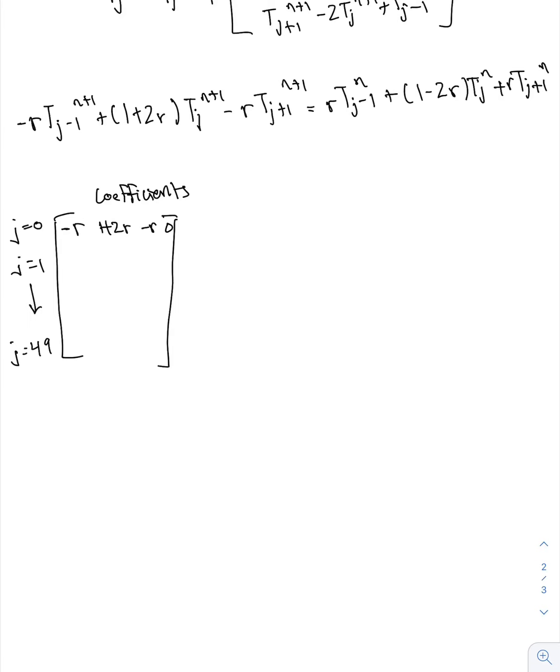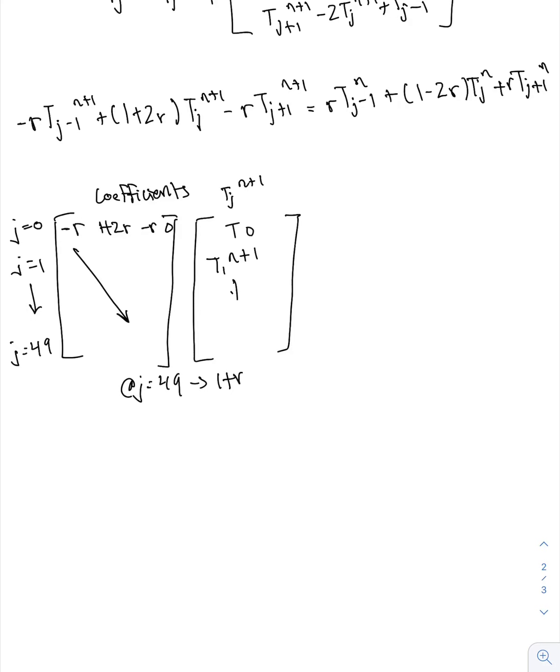We know the trend is diagonally downward, and at j equals 49, we know we're going to have 1 plus r as the coefficient. The second matrix is just going to be for Tj to the n plus 1, going down to T1 n plus 1, and it'll keep going down to T49 n plus 1 at j equals 49.